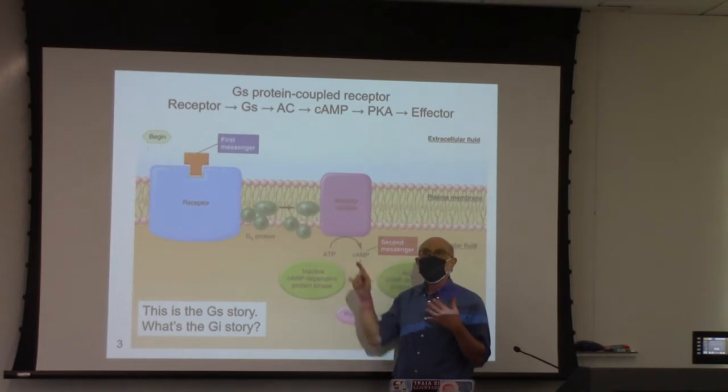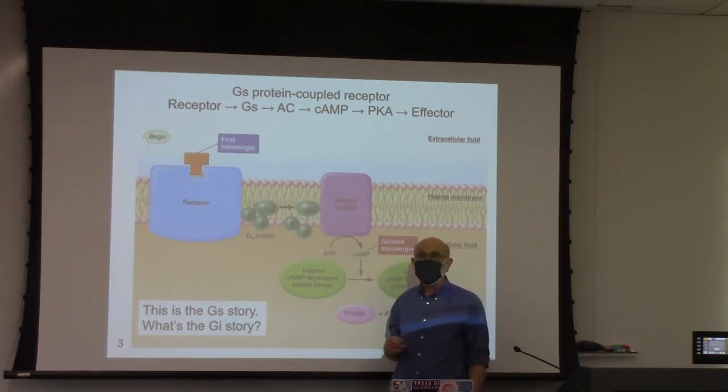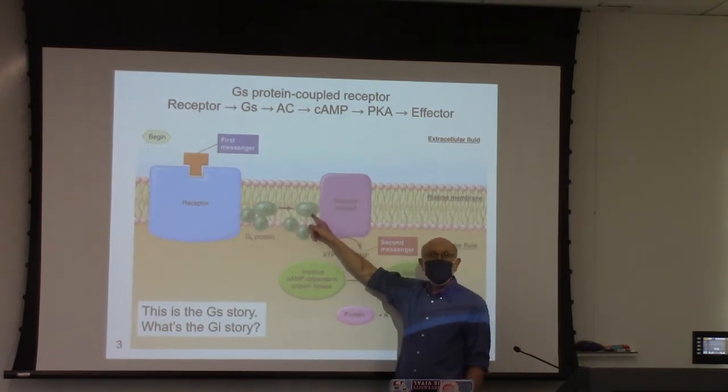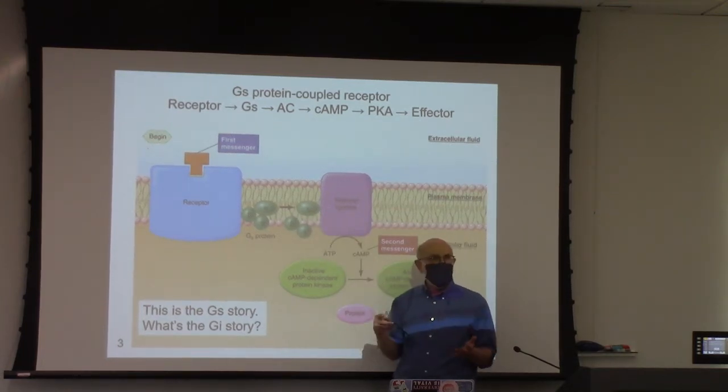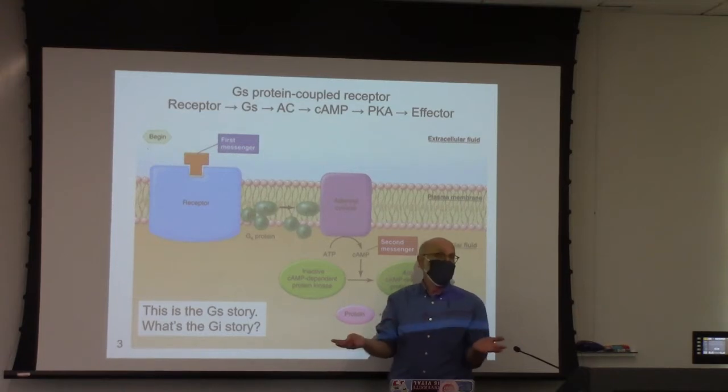They hydrolyze GTP. So they are activated by GTP, and then they hydrolyze GTP and turn themselves off. So there's an intrinsic turning off process that has kinetics that are slower than the turning on. So it turns on, and then it turns off.